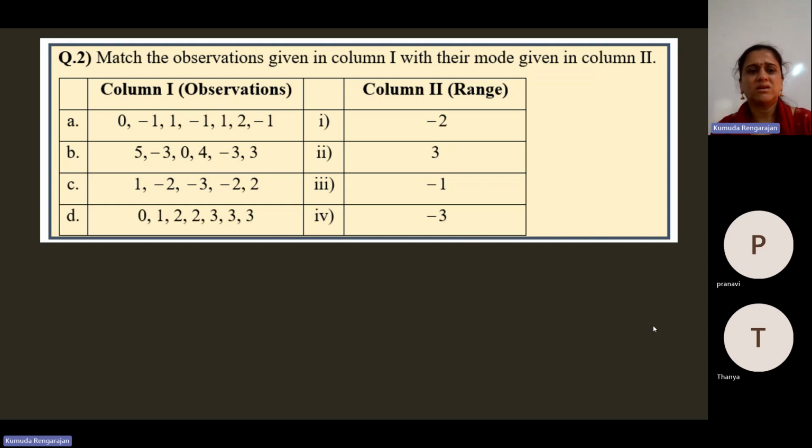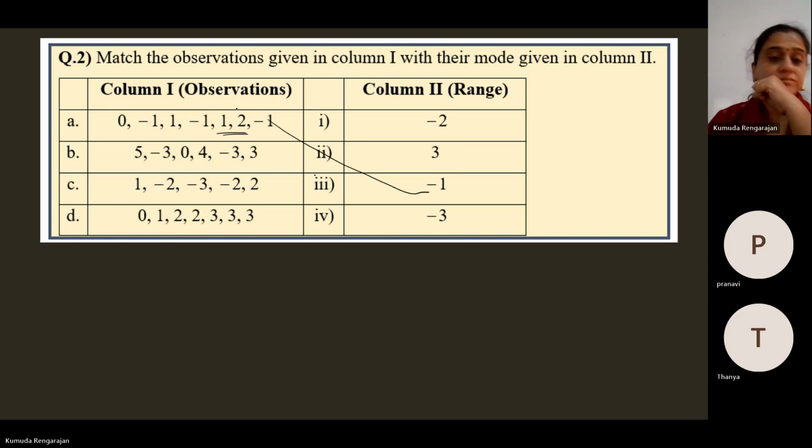This one is also pretty simple, children. Match the observations given in column 1 with their mode in column 2. Just match with the mode. Correct? I'll do it for you. Tell me the mode, I'll do it for you. What's the mode for this one? -1.